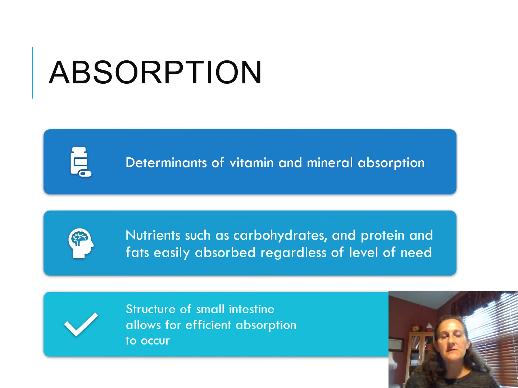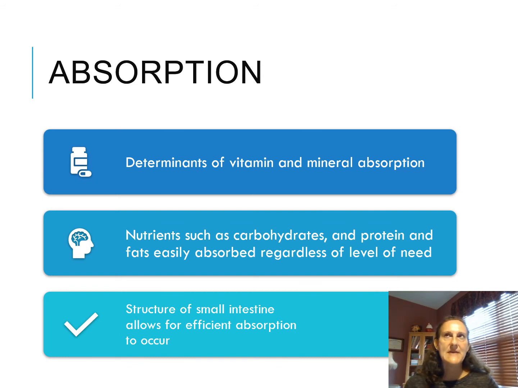So in terms of absorption, the body's going to determine where the vitamins and minerals are needed. Where are the carbs needed? Where is the protein needed? Where is the fat needed? So it's important that the small intestine is functioning properly for this efficient absorption to occur.